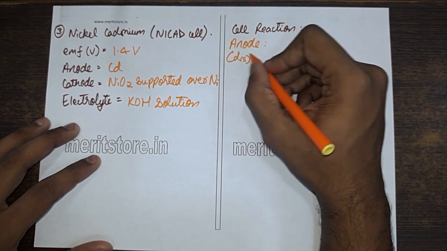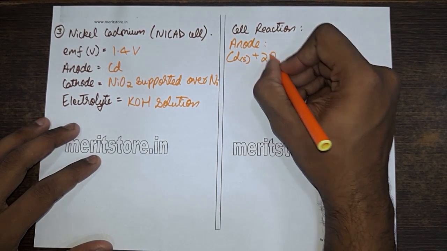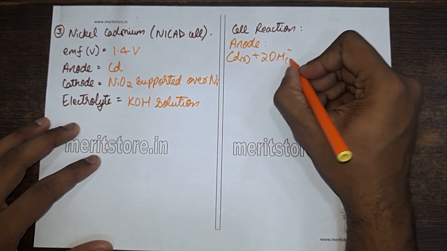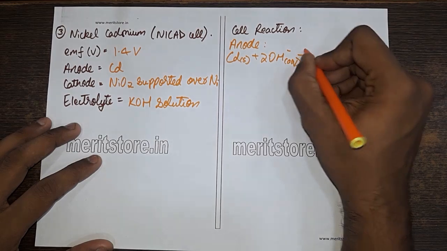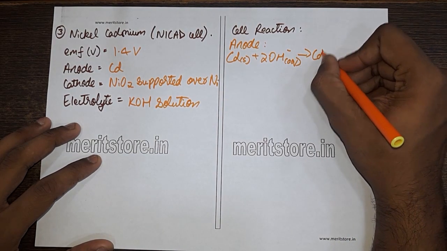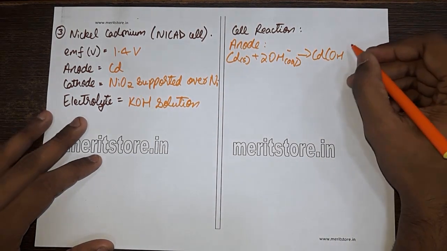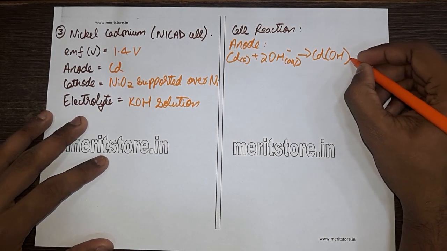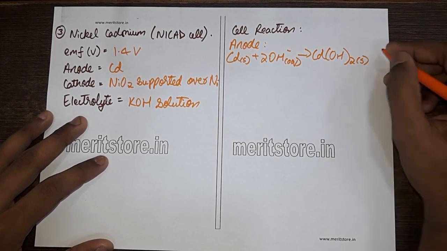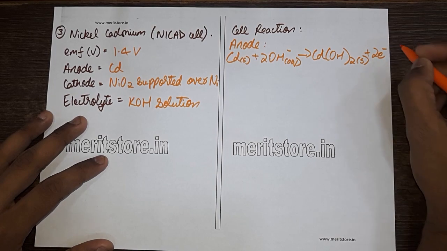Cd in the solid state plus 2OH- in the aqueous state, giving us Cd(OH)2 in the solid state plus 2 electrons.